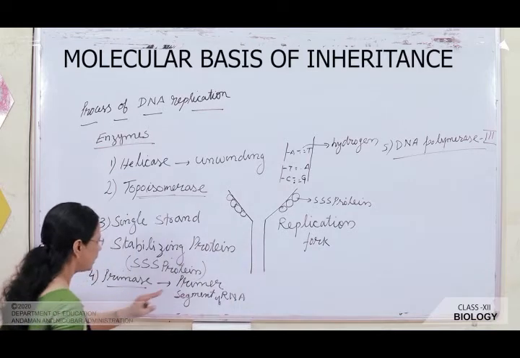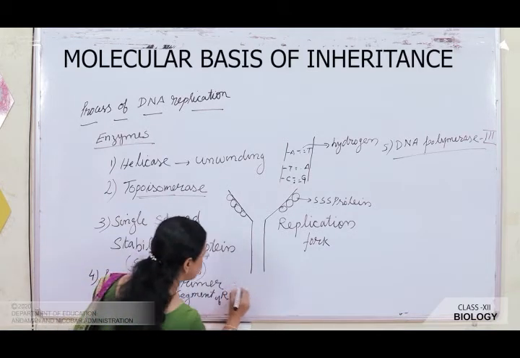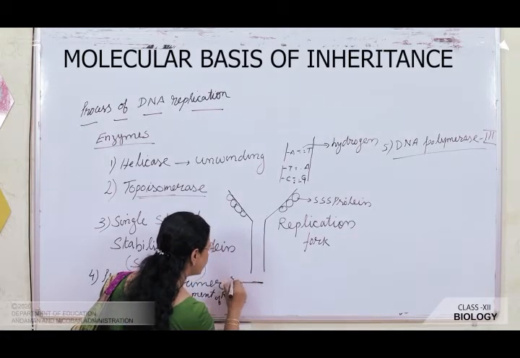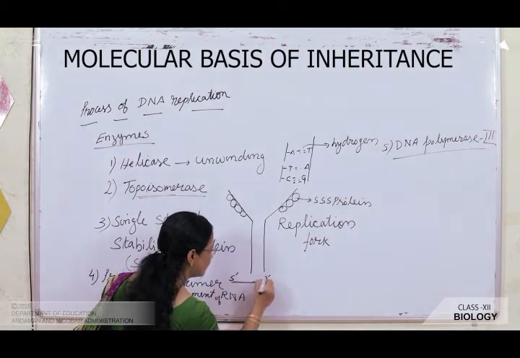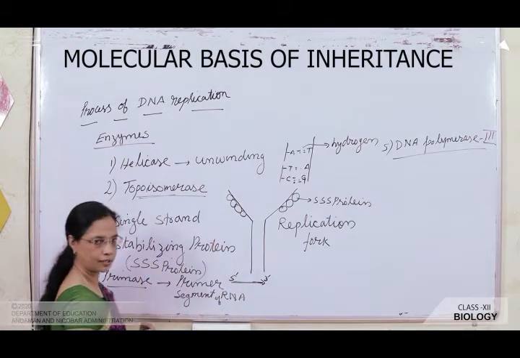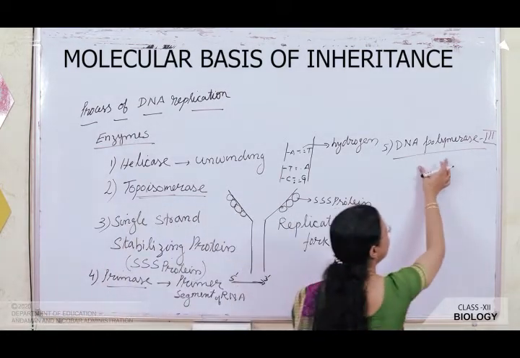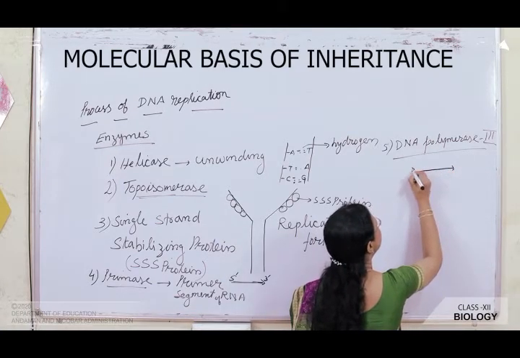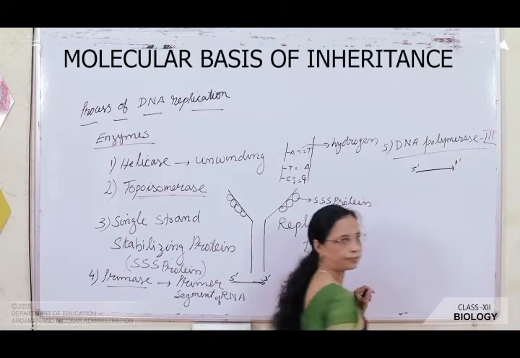Now listen children, this primer will synthesize only in the 5' to 3' direction. Similarly, DNA polymerase will synthesize only in the 5' to 3' direction.